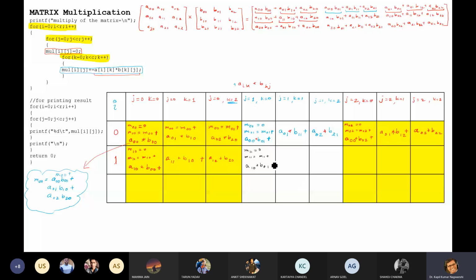Then plus, I am adding here a i k, i is 1, k is 1. So this term we have written here. Now come to this term, a i k multiplied by b k j, 1, 1. So this is our next term.